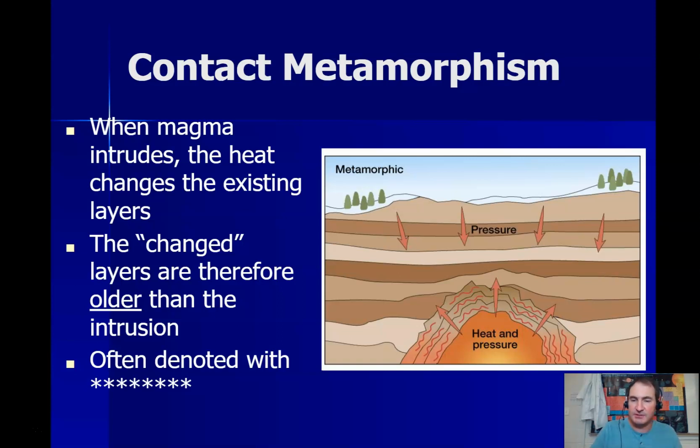What this tells us in terms of relative dating is that the contact metamorphism, the rocks that were metamorphosed or changed, had to be there before the intrusion that caused them to change. So the intrusion is going to be younger, the magma is going to be younger than the rock that it's pushed into and changed.